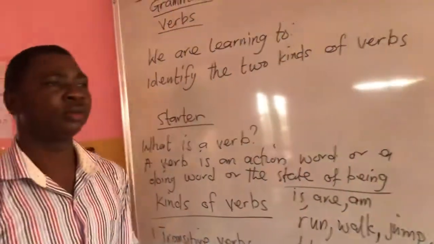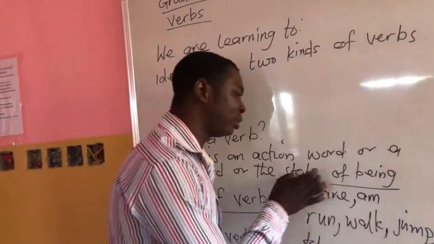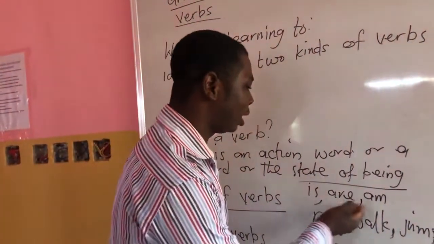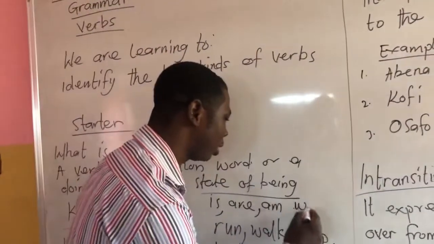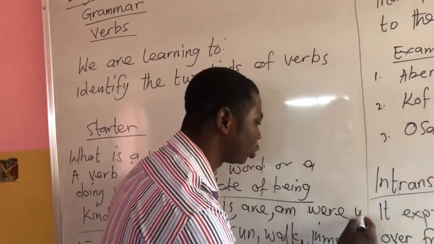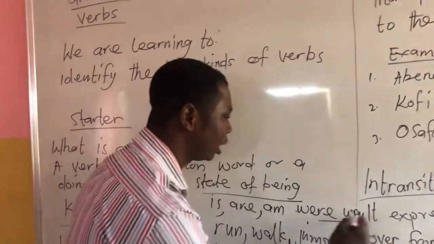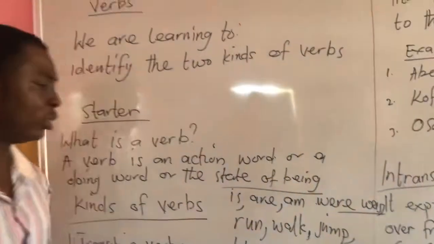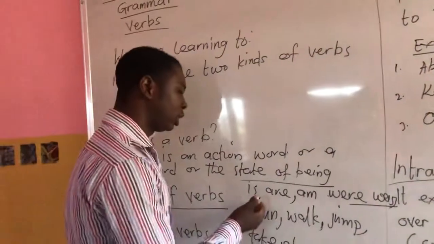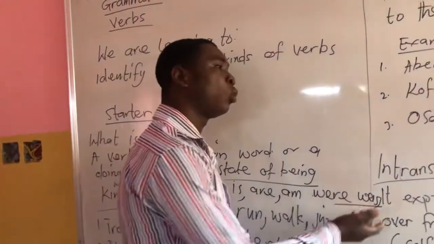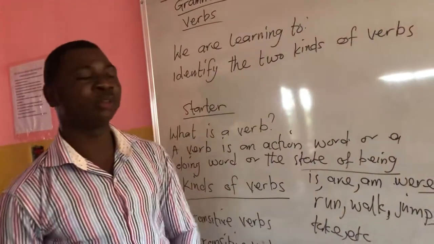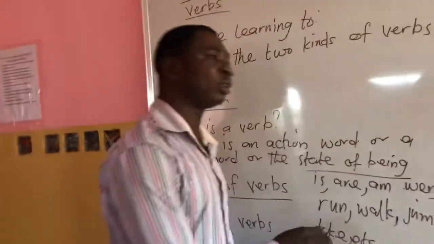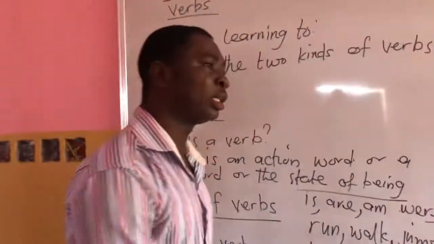So the state of being verbs are is, are, am, and the past tense for them are were and was. These are also verbs, but we call them helping verbs because they help the main verbs to perform the action.